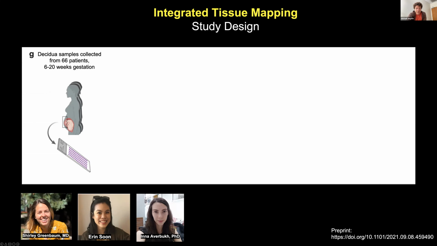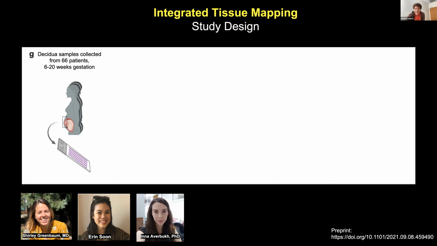There are 3 people that have worked really hard on this study: Shirley Greenbaum, Aaron Soon, and Inna Averbach. In this study, we were able to work with pathologists at UCSF and go into the FFPE archives and get archival tissue blocks from women that had undergone elective termination between 6 to 20 weeks gestation. From those tissue blocks, we were able to select around 66 patients where there was decidua present within the tissue block.